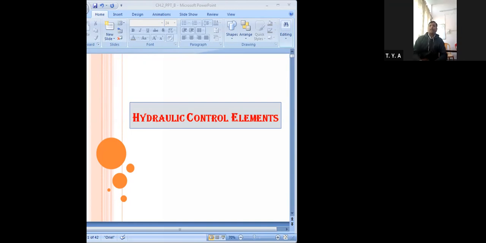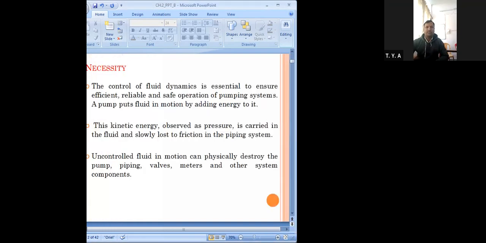But to direct and to regulate the pressure and the flow of the fluid from the pump to the actuator, all hydraulic as well as pneumatic systems require one controlling unit, and that control unit is called control valves. That we will discuss now.